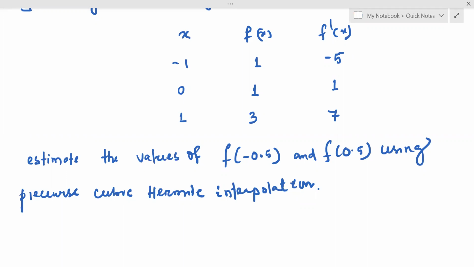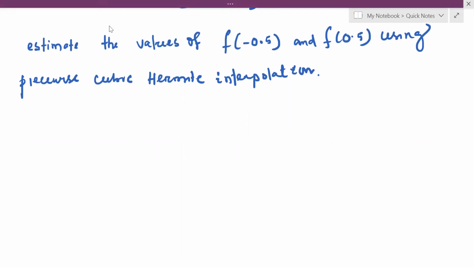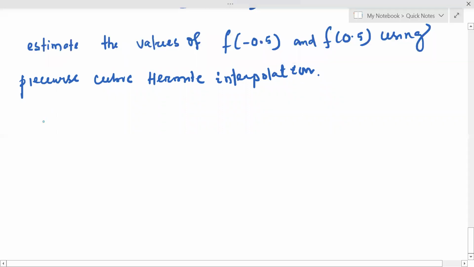Solution: here xi minus 1 is equal to minus 1, xi is equal to 0, and xi plus 1 is equal to 1. 3 points are given to us.